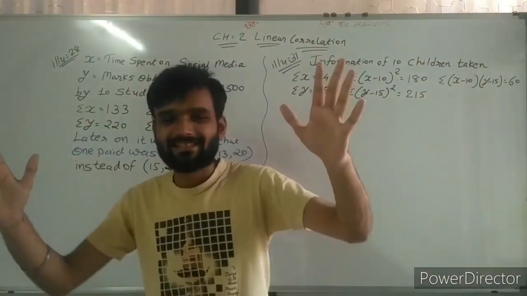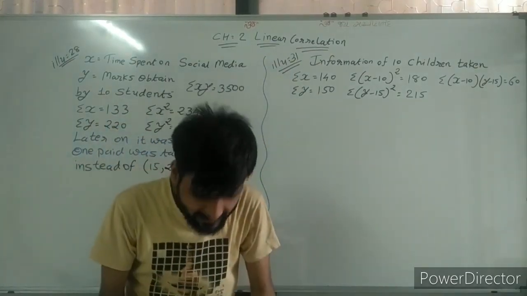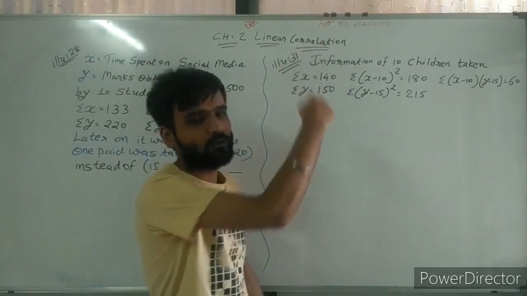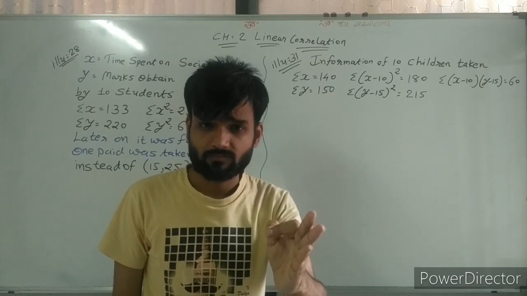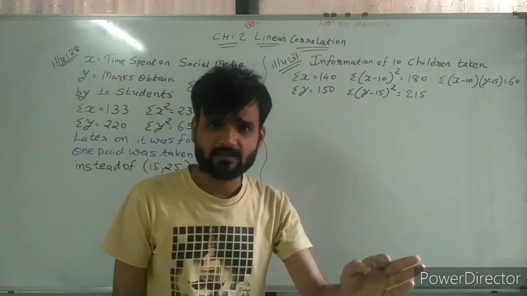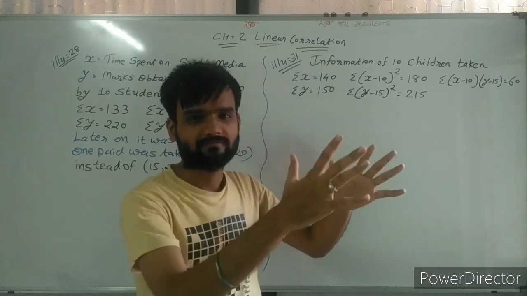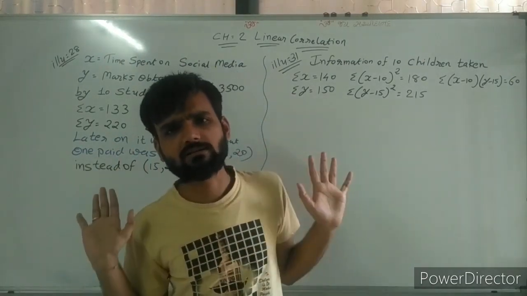Hello students. Today I can say this is the last lecture for chapter number 2, linear correlation. This is a typical sum which can be asked in examination when the question paper is hard. Otherwise, if it is a normal paper, then no question of this type will be asked.